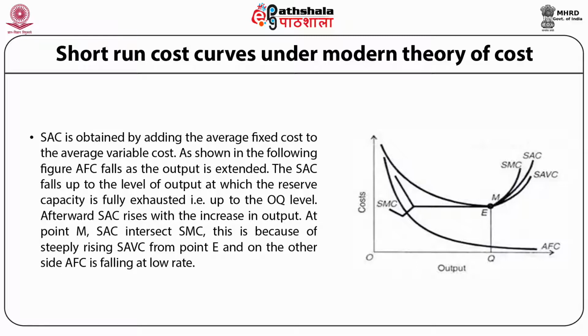At point M, SAC intersects SMC. This is because of steeply rising SAVC from point E, and on the other side AFC is falling at a low rate. As the output increases, the firm's average cost of producing that output is likely to decline.